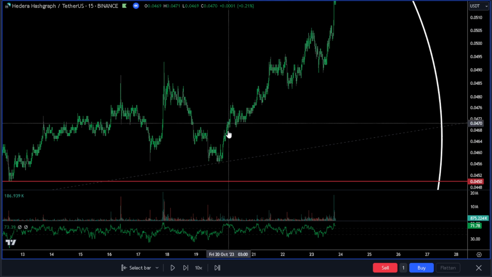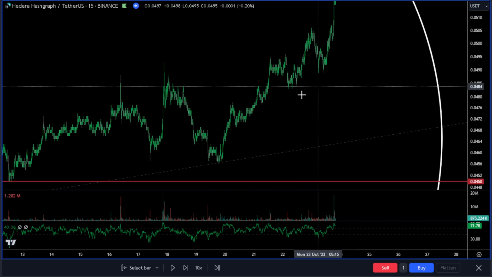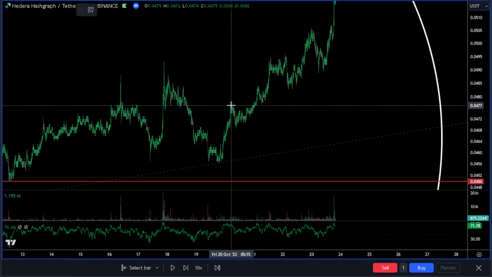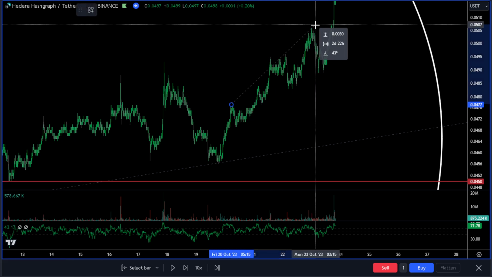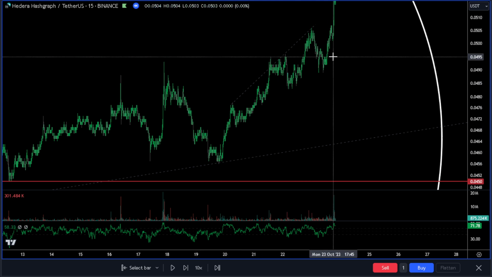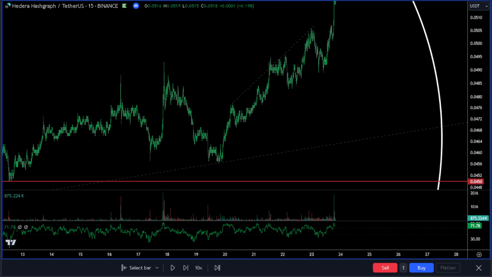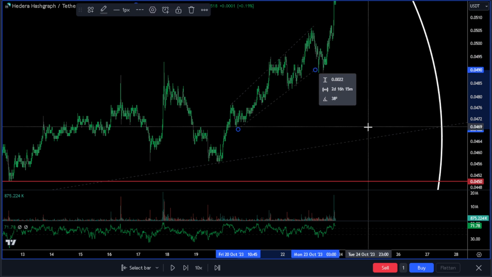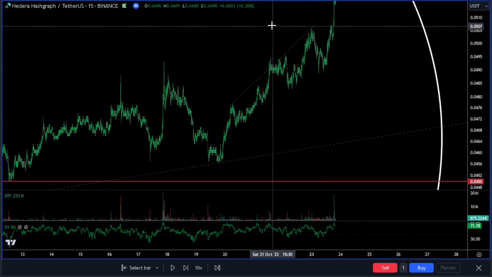Yeah, this actually looks like a diagonal. Not a very pretty one though. I would count it both ways though. I can count it as a diagonal or a 5-wave move.